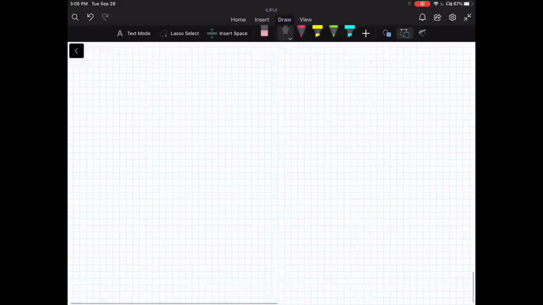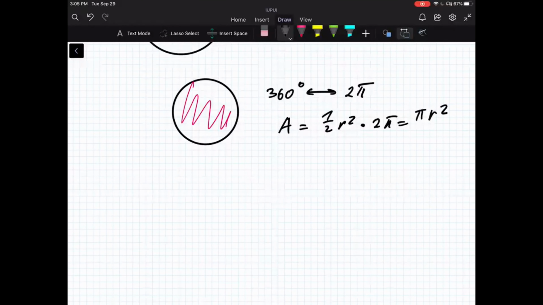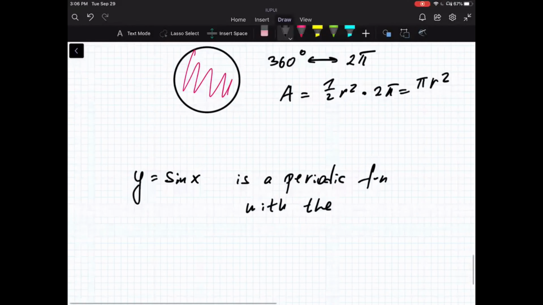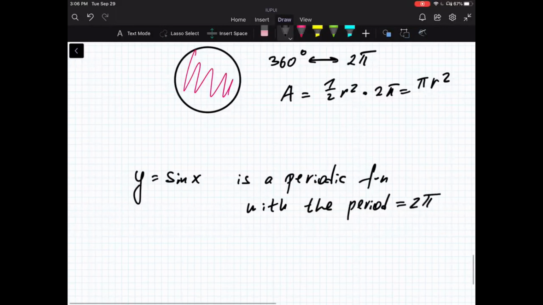A few words about the graphs. First of all, if you consider y is equal to sine of x, your function is periodic with period 2 pi. So what does it mean?